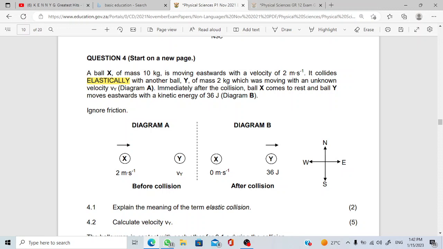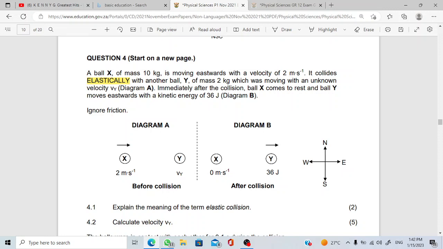So now they want you to focus on diagram A as they specify. Immediately after the collision, ball X comes to rest and ball Y moves eastwards with a kinetic energy of 36 joules.